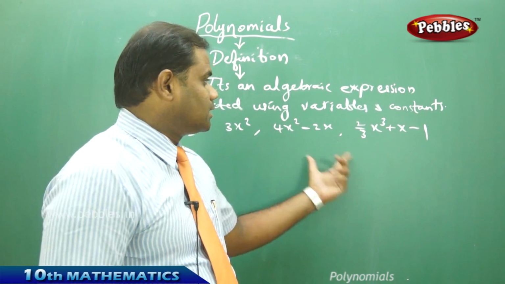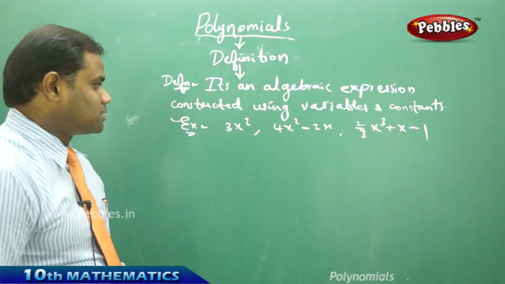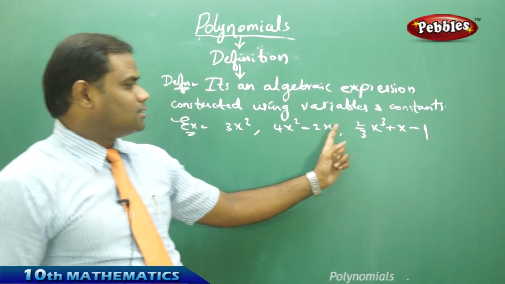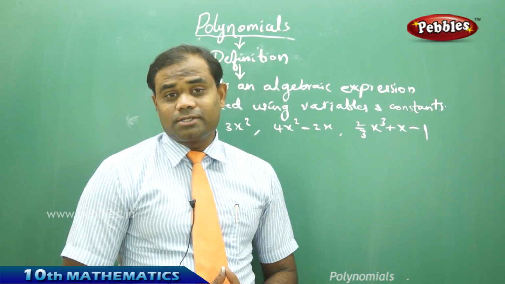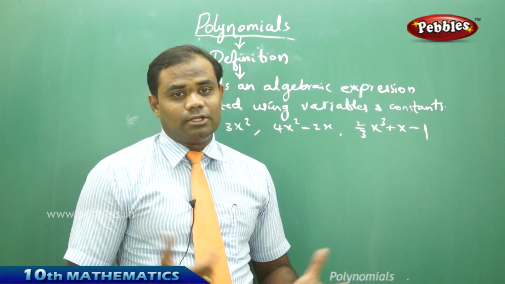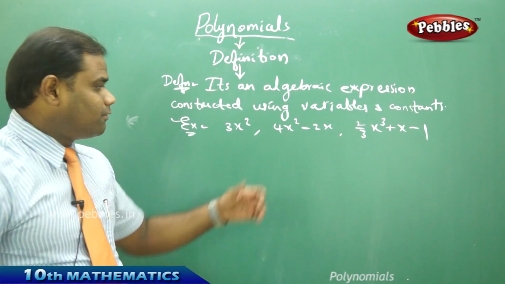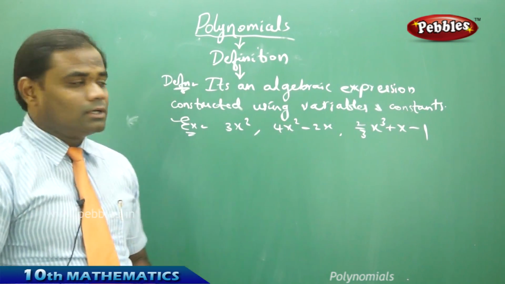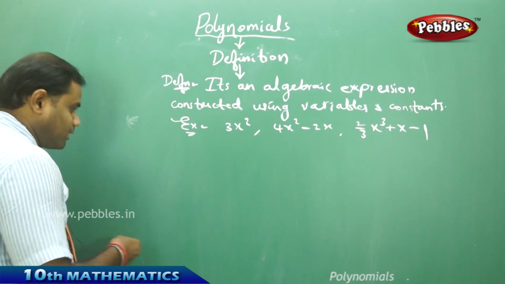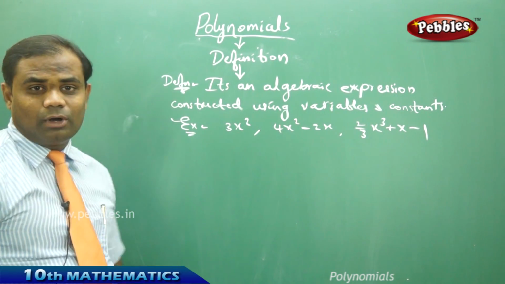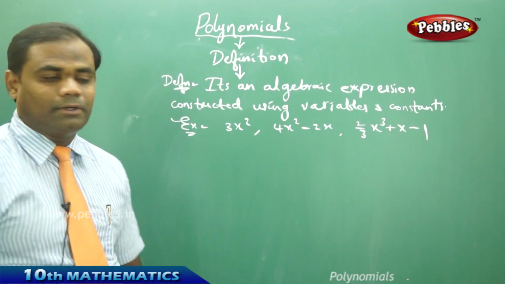But there are some restrictions, because in each of these cases the powers of the variables are non-negative integers, not fractions. To define this more transparently, we discuss polynomials in a single variable, that is x, in this session.